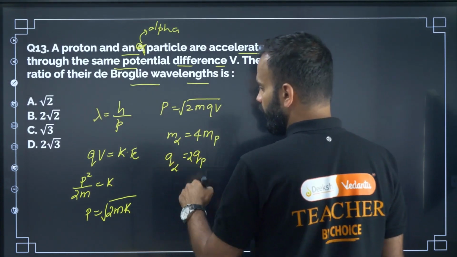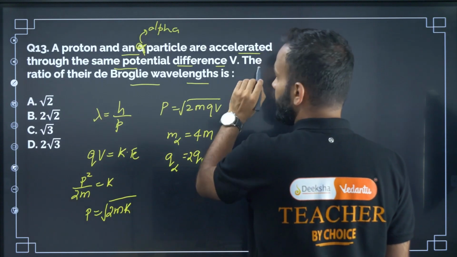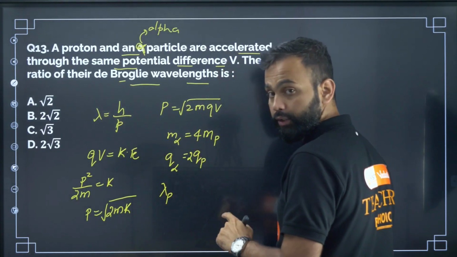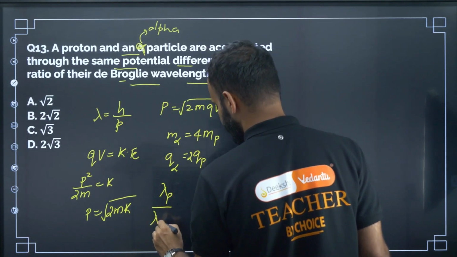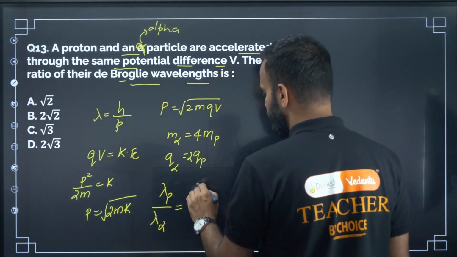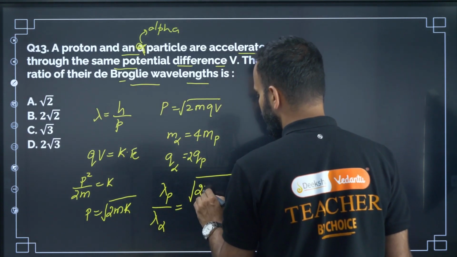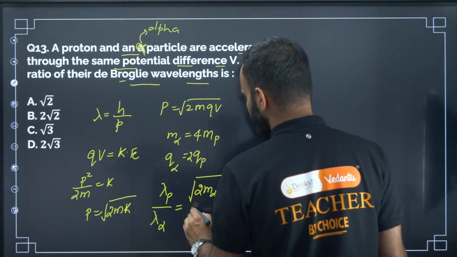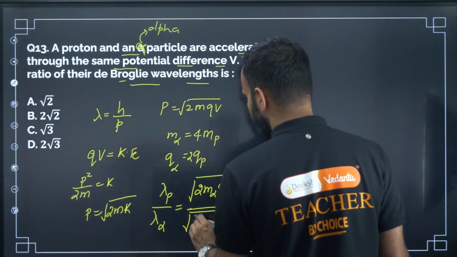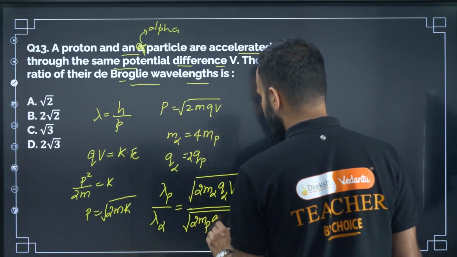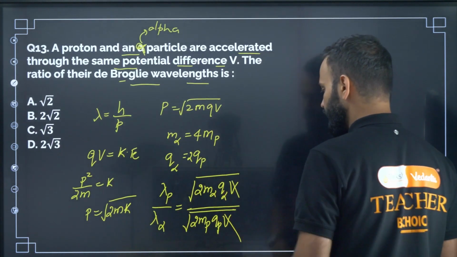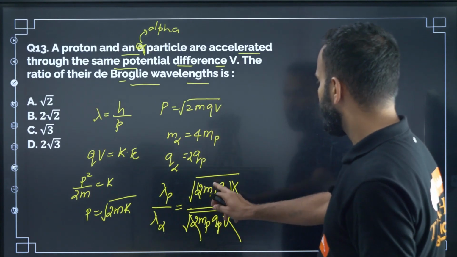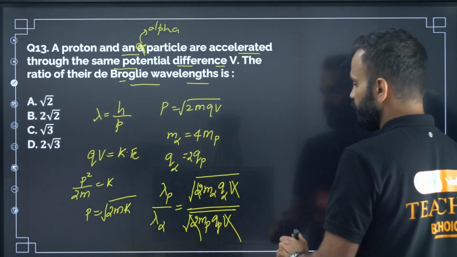Now we need to find the ratio of their de Broglie wavelengths, that is, the ratio of the de Broglie wavelength of the proton to the alpha particle, which is equal to root of 2 m alpha q alpha into V divided by root of 2 mp qp into V. V will get cancelled, 2 will get cancelled. What is m alpha? m alpha is 4 mp, q alpha is 2 qp.